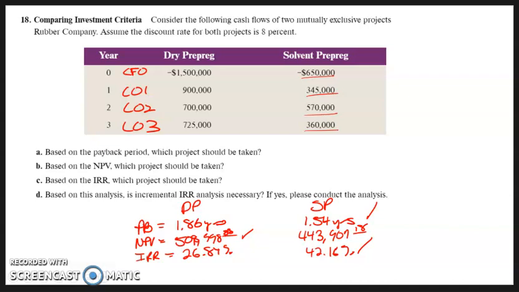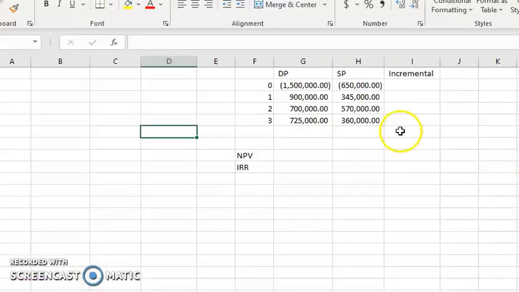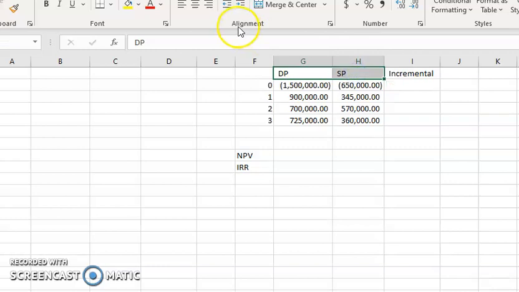I'm going to show you how to do incremental IRR analysis in Excel. These are our cash flows, the DP and SP and so forth, and you take the smaller cash flows and subtract them from the larger cash flows.